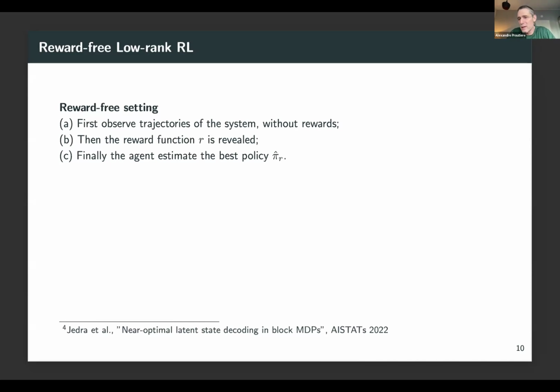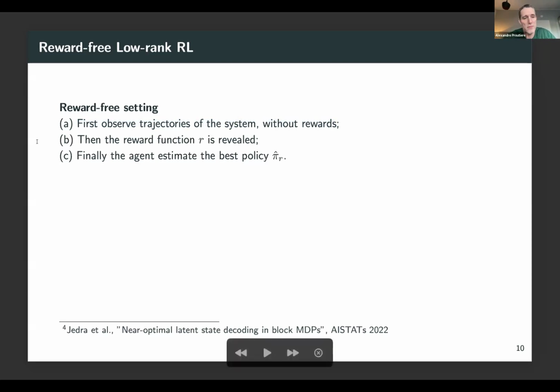Okay. So here I take what we call reward-free reinforcement learning. It's a kind of reinforcement learning task that is popular today, which consists in first observing trajectories of the system without observing any rewards, okay? And then after you gather data that corresponds to trajectories of the system, you are given a reward function.